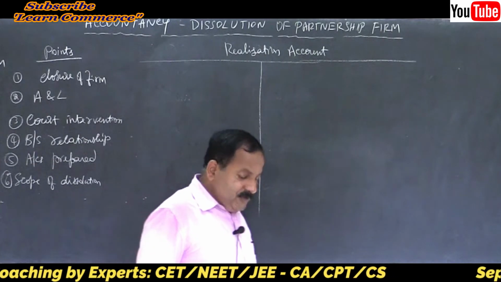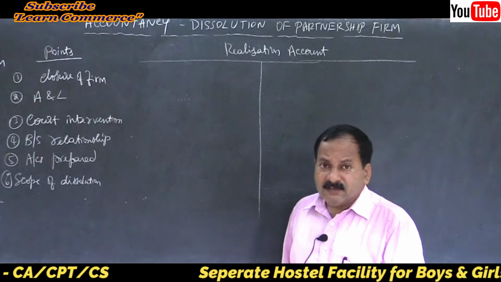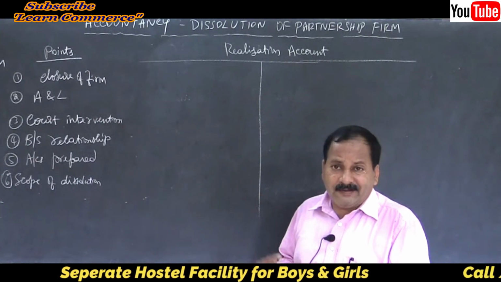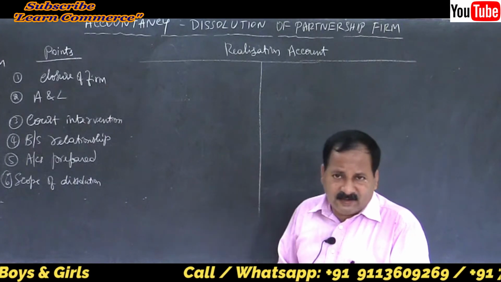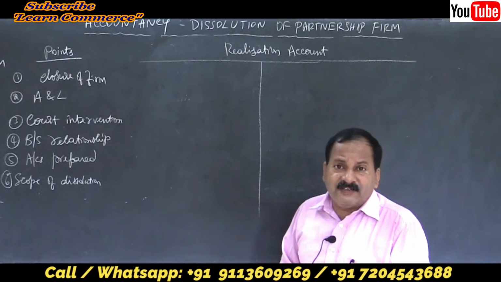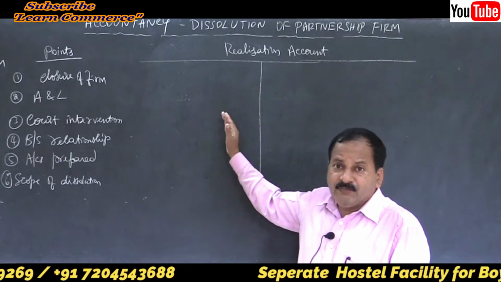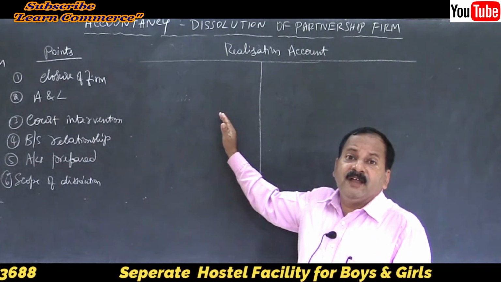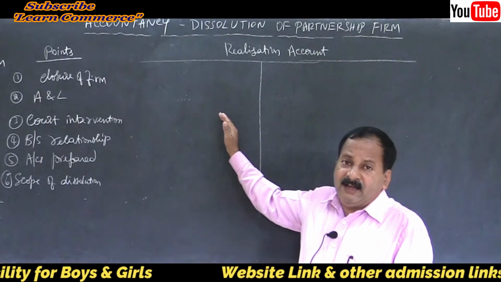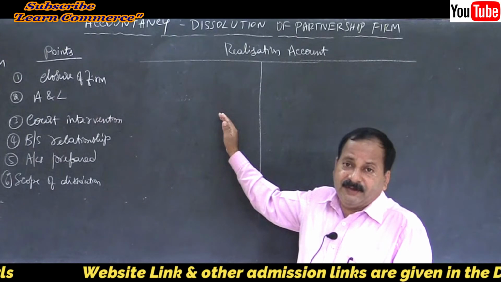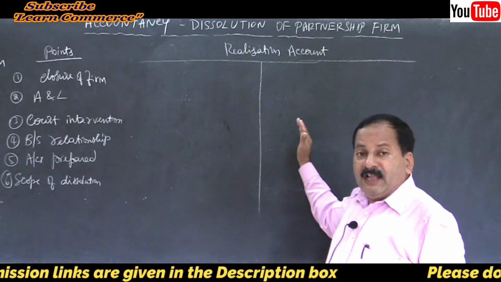But if it is a tangible asset, like maybe debtors, stock, or fixed assets like furniture, all these are tangible assets. So furniture is there in the balance sheet, you have transferred it to realization account on the debit side, but nothing is mentioned in the adjustment part as being sold. They didn't tell anything regarding the sale of furniture. Then what you will do? You have to record it here as being sold.